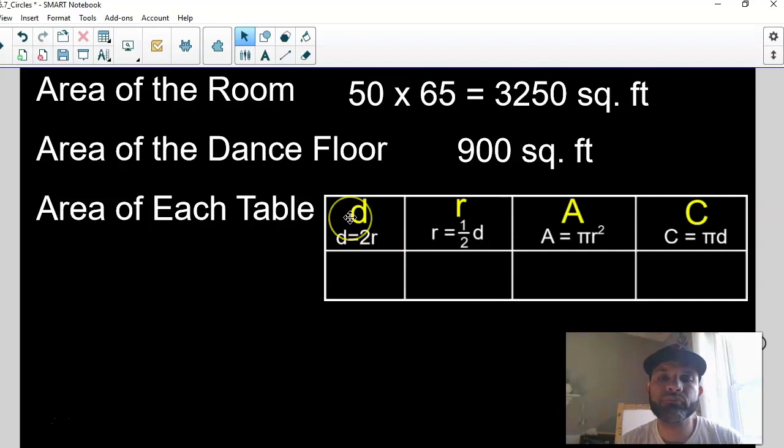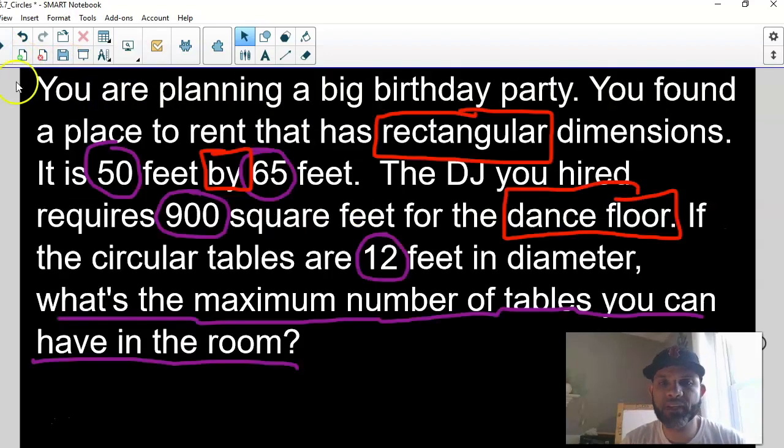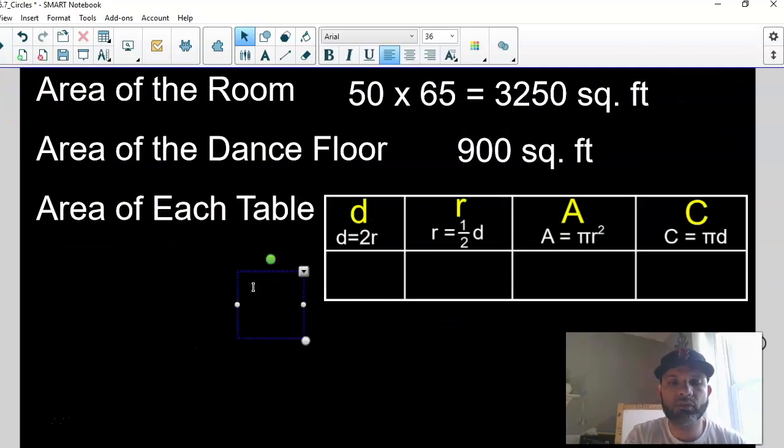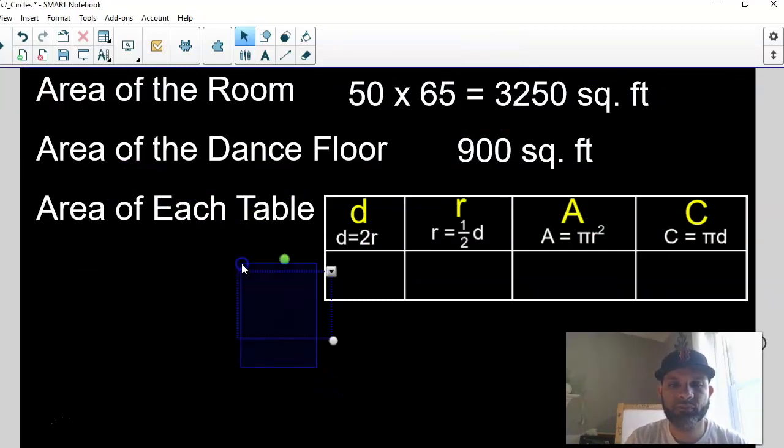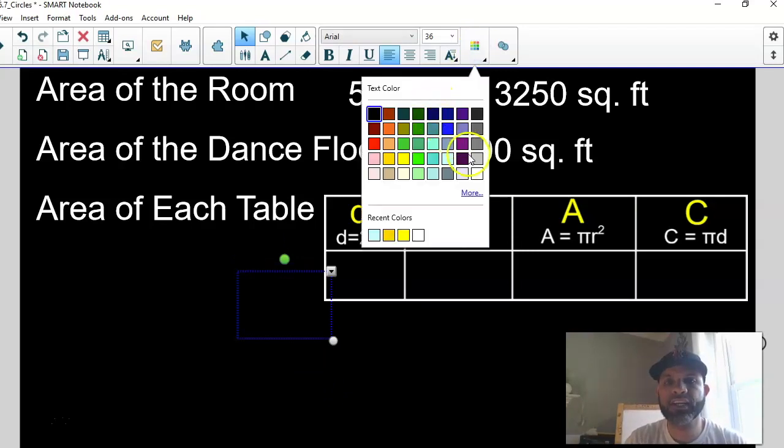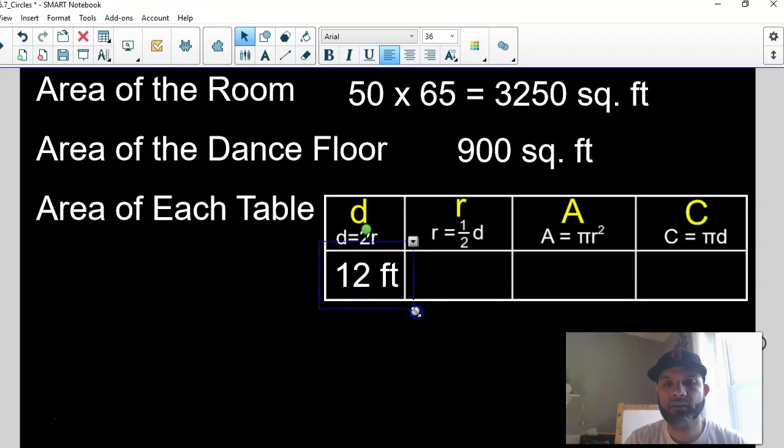Okay, so we're going to figure out based on our key information what we know here. It says the circular tables are 12 feet in diameter. So we know where the 12 goes. Hopefully you realize it goes in the DRAC chart under the letter D for diameter.